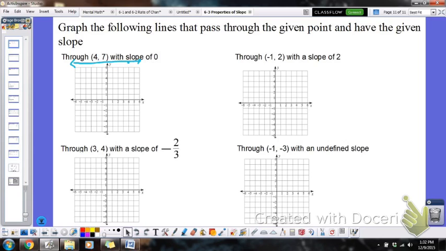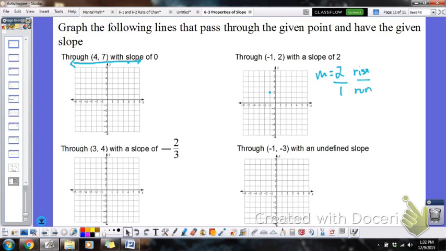So the next one is through (-1, 2) with a slope of 2. So the point (-1, 2), and m is equal to 2. Well, I can write this as a fraction. I can write it as 2 over 1, letting me know that my rise is 2, and my run is 1.